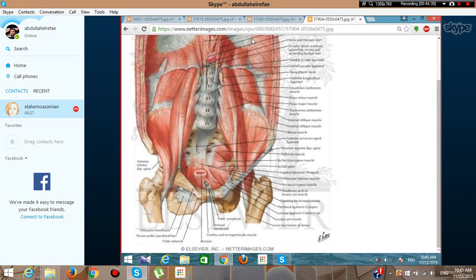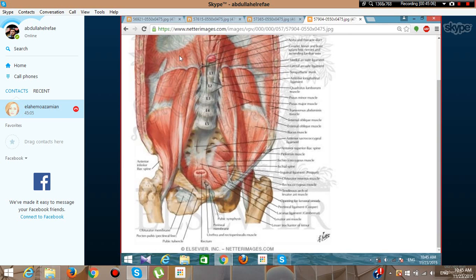So in the posterior abdominal wall, which bones do we have? Lumbar vertebrae, L1 to L5. Which muscles do we have? Laterally, we have transverse abdominis muscle. In the cavity, we have quadratus lumborum, psoas major, psoas minor, iliacus.